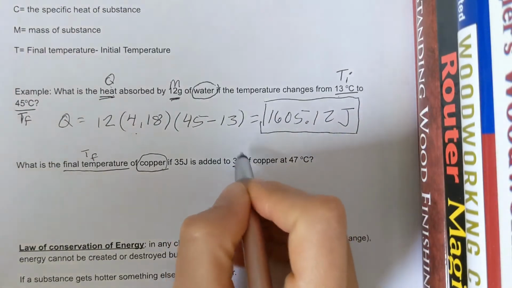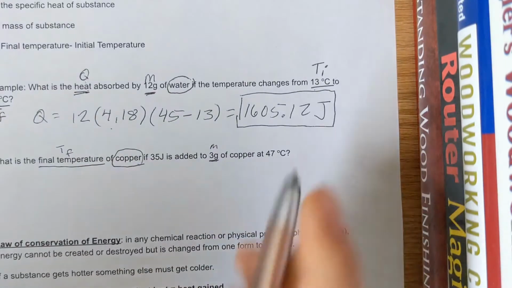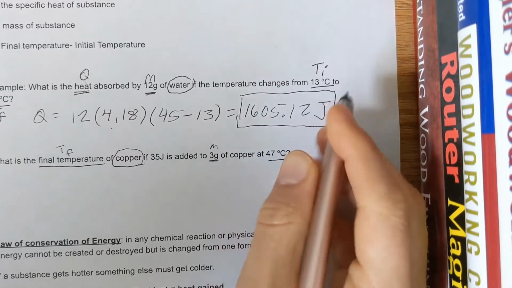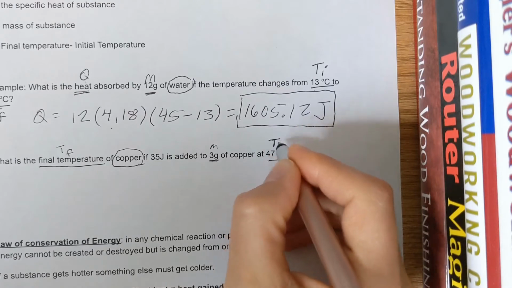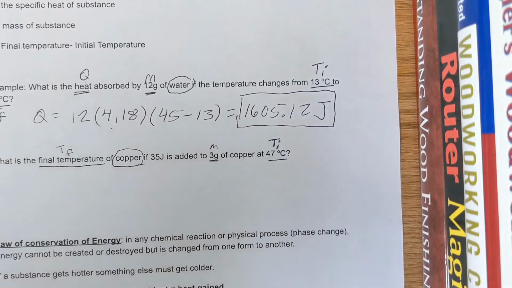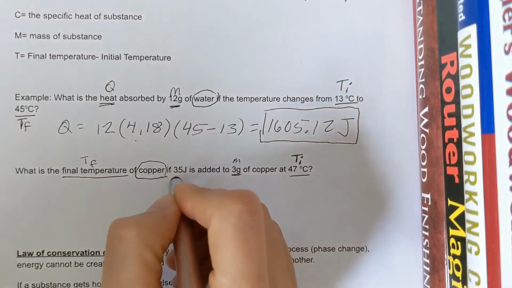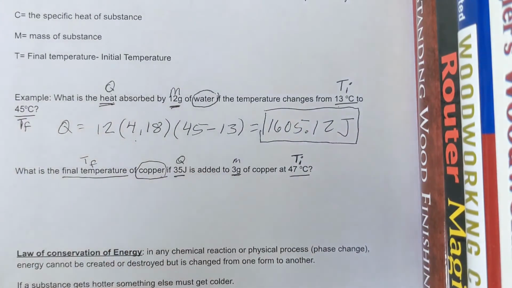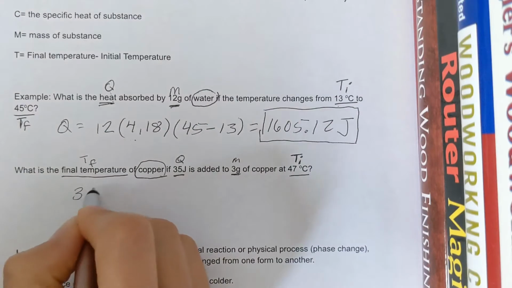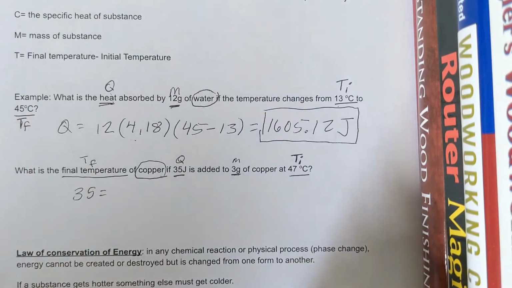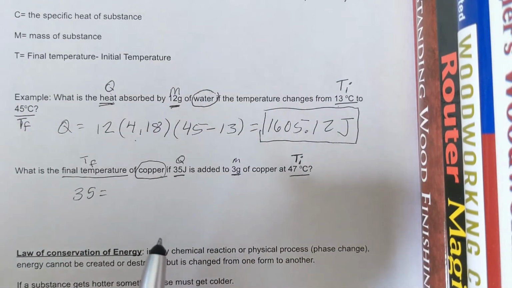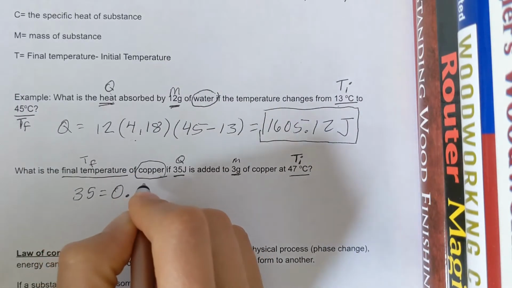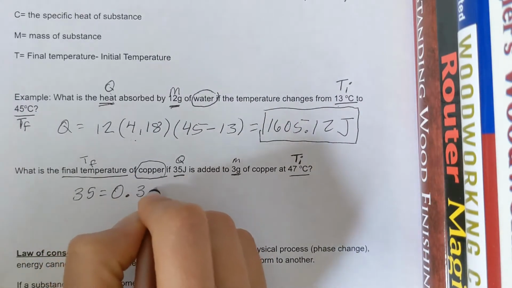3 grams. Grams is mass. At 47 degrees, so we're starting, TI is 47 degrees, and 35 joules. Joules tells you heat, so that's Q. So now you just fill in 35 equals your specific heat for copper, which is 0.385.